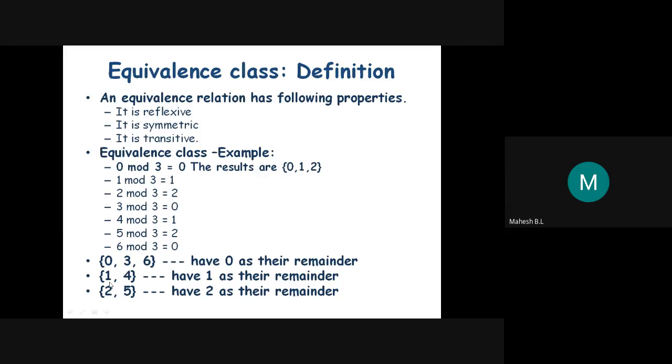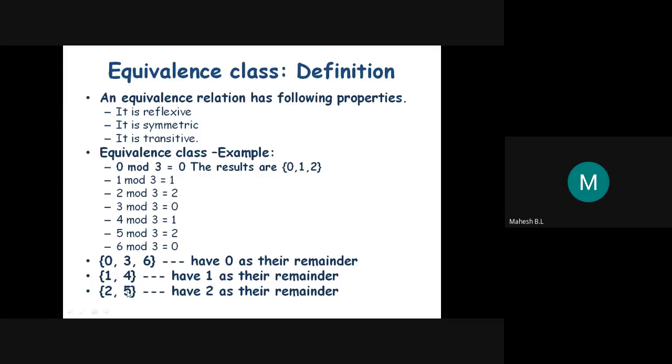You know that 0, 3, and 6 etc. will be in one class, because when you perform the mod 3 operation, all of them have 0 as their remainder. Even if we have more numbers, all of them will be in the same class. 1 and 4 belong to the same class, because both of them result in 1 as the remainder.